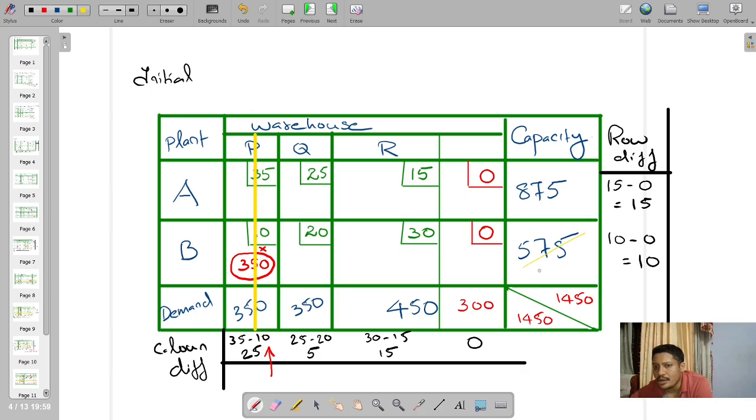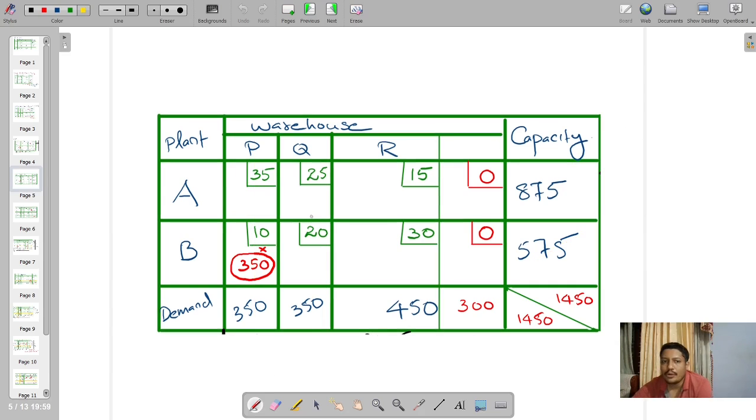So that is gone, and the new balance will be 225. Now go for the next iteration. We have marked over here, so this is cancelled.